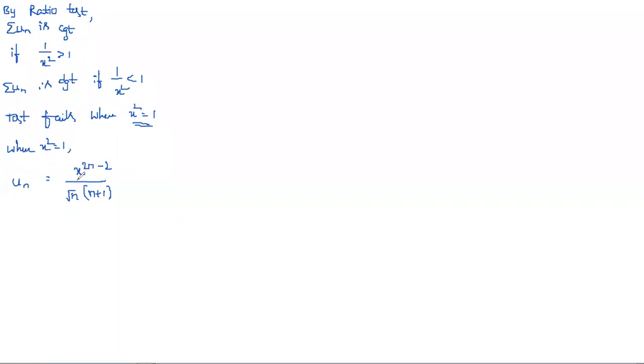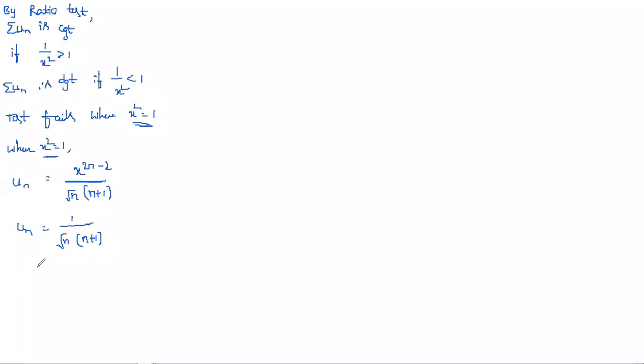If you substitute that, obviously we are taking only positive series, so un is equal to 1 by root n into n plus 1. Now, if a Vn term is available, we can apply the comparison test.